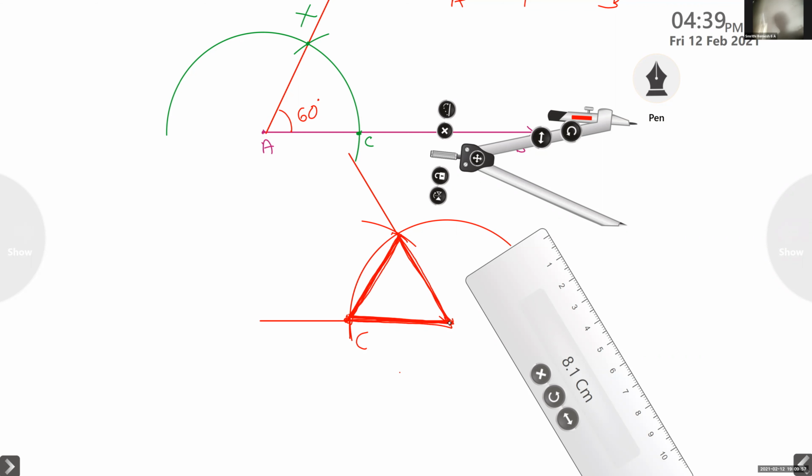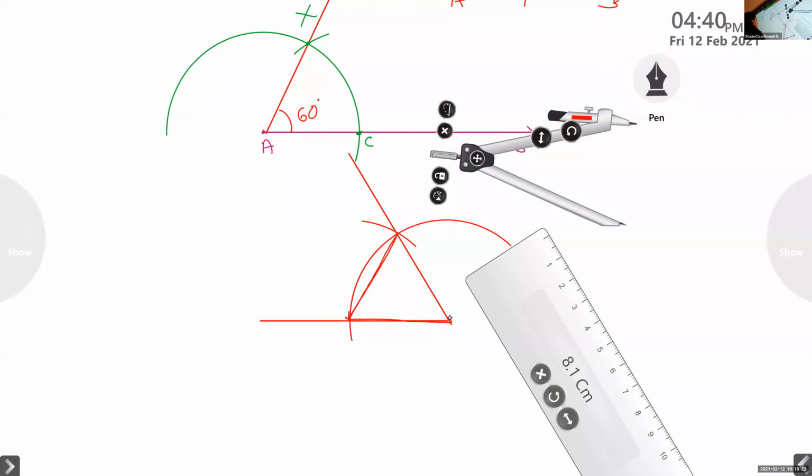Equilateral triangle means all sides are equal and all angles are also equal. So what is the degree measure? 60 degrees. That is why we are getting 60 degrees there.